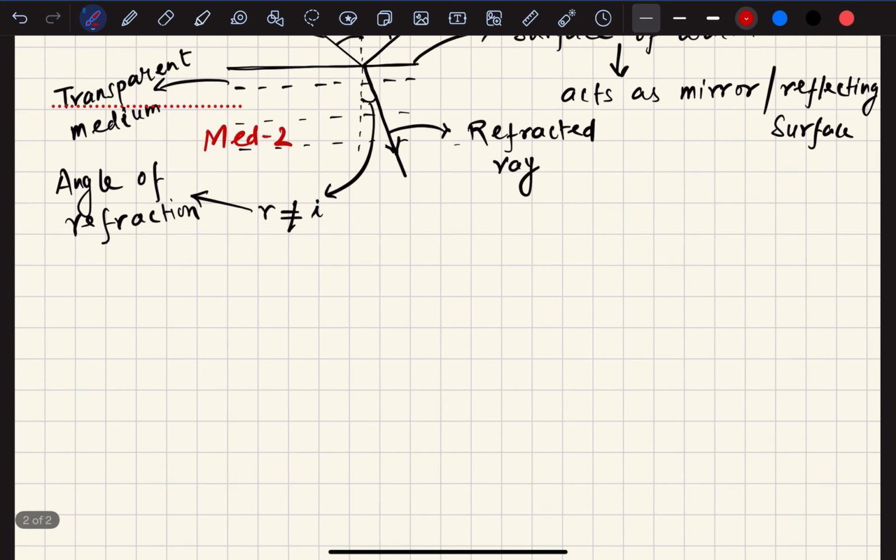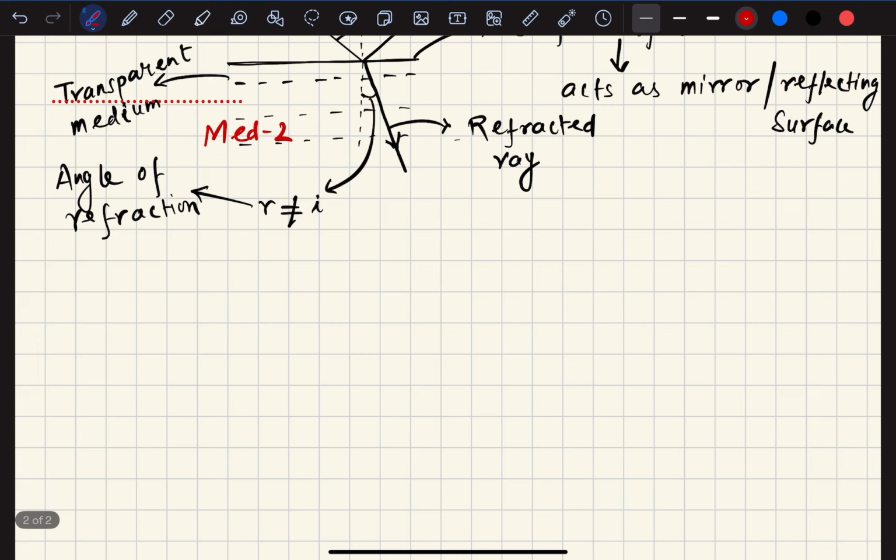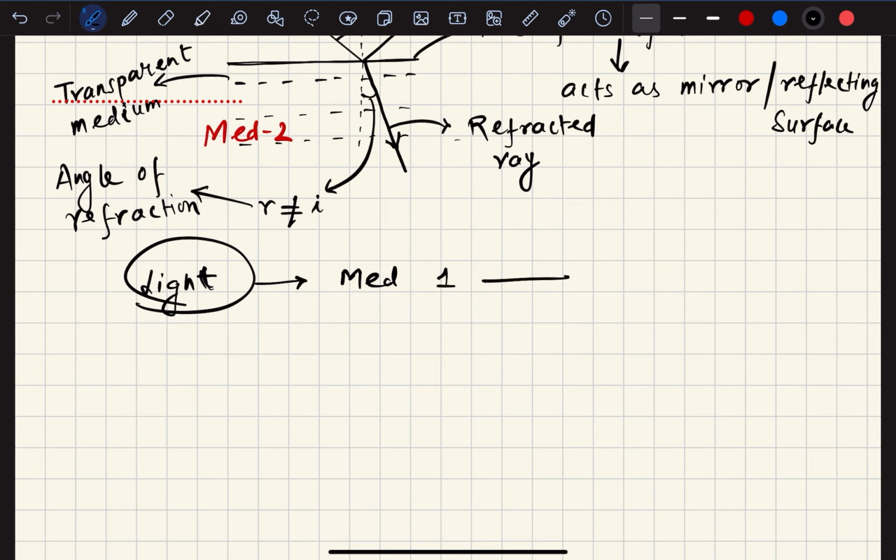Now coming to it. So here light is traveling from medium 1 to medium 2.